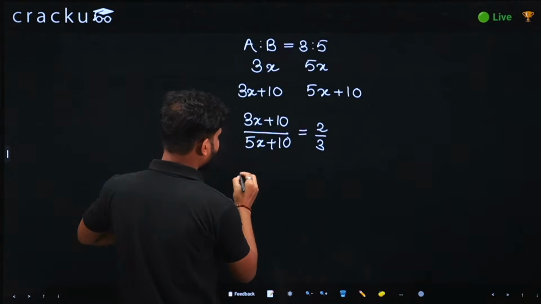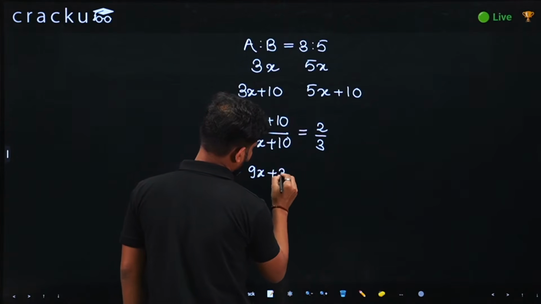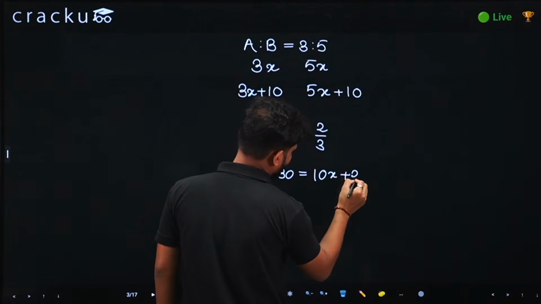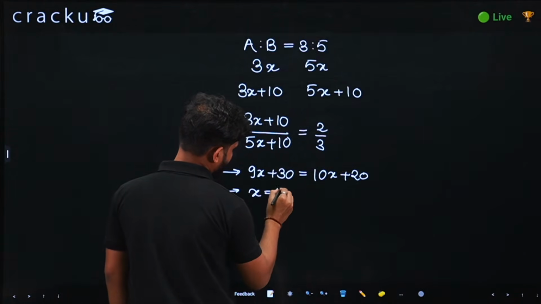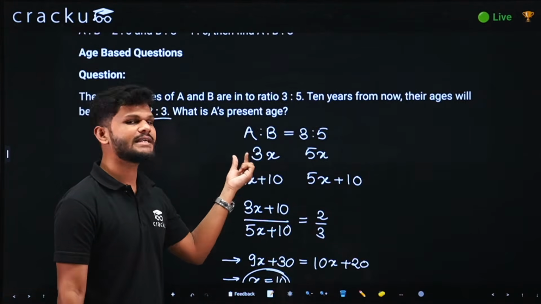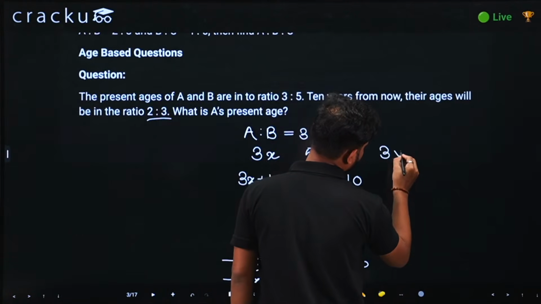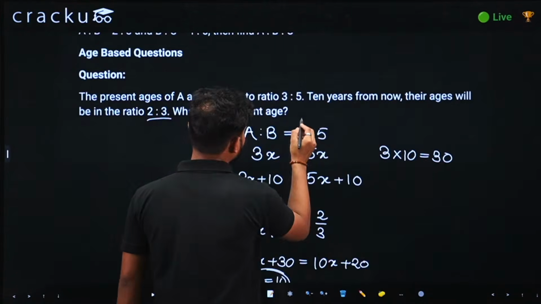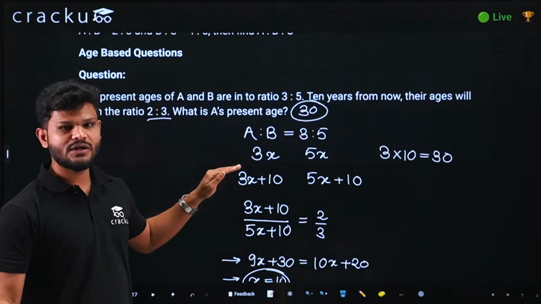So just cross multiply, what will you get? You will get 9x plus 30 is equal to 10x plus 20. And from here you get x as 10. Once you get x as 10, you can find the present age of A. Why? Because the present age of A is 3x. So it will be 3 into 10, which is 30. So the present age of A is 30. Right?